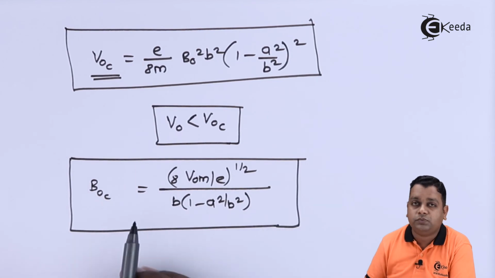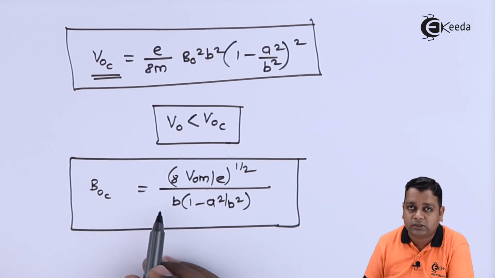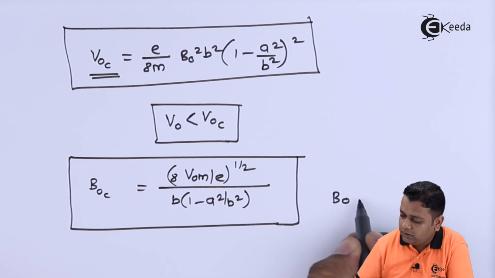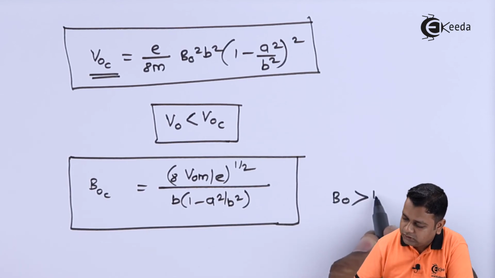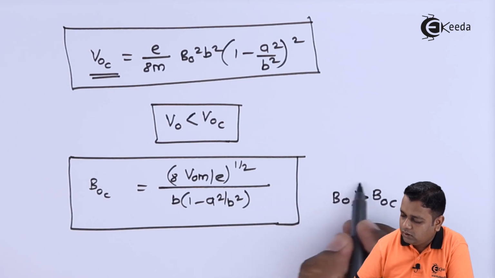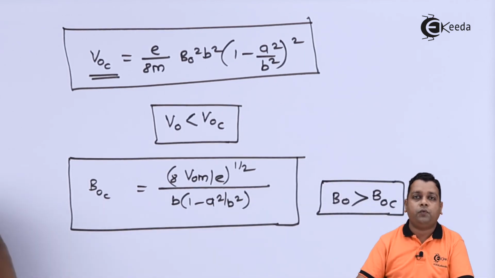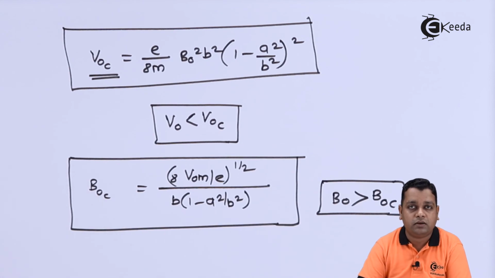With respect to the cutoff magnetic flux density, the condition is that the magnetic flux density B0 should always be greater than the cutoff magnetic flux density. So with these equations and conditions, we have solved the problem based on electron motion in the presence of an electromagnetic field.